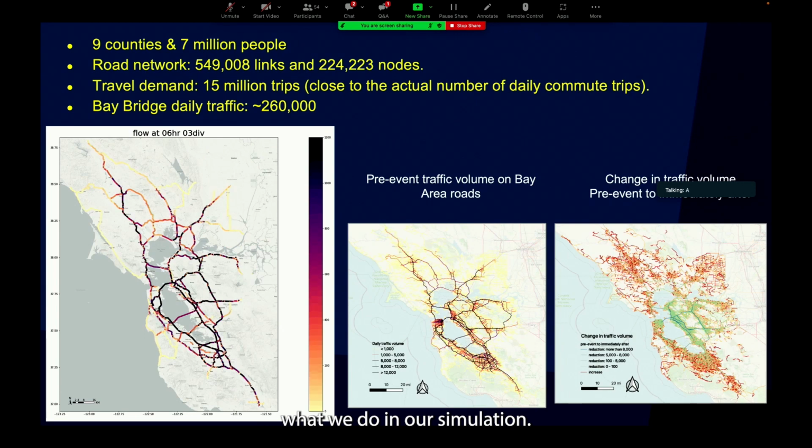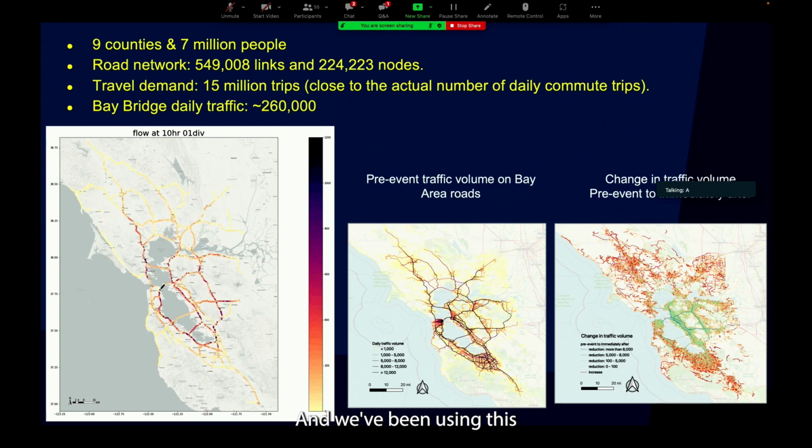What we do in our simulation, we have network simulators. So in the Bay Area, there are about 7 million people living, and there are 50 million trips every day. So we do an agent-based model of every road and cars moving around in a day, and then we can say, okay, if the Bay Bridge goes down, what's going to happen to the traffic?